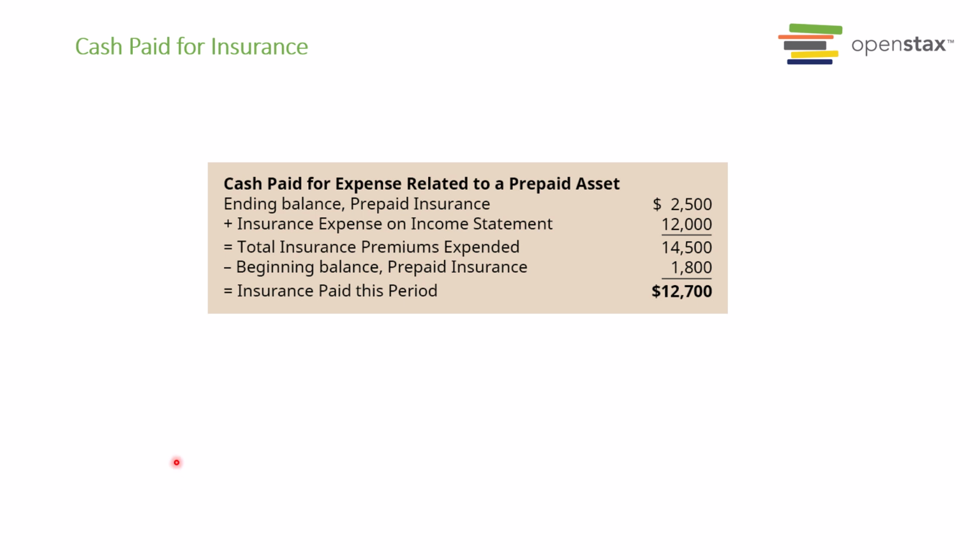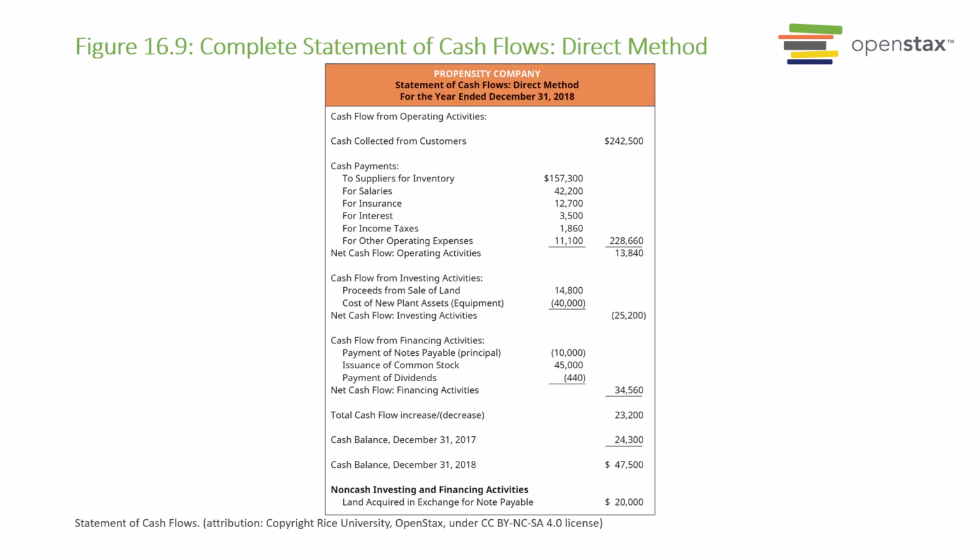We do the same thing for prepaid insurance, using insurance expense as our item that we're adding in. And we would do similar items for taxes and for our other areas. So a pretty clean, clear statement with all of our cash spent on each area.